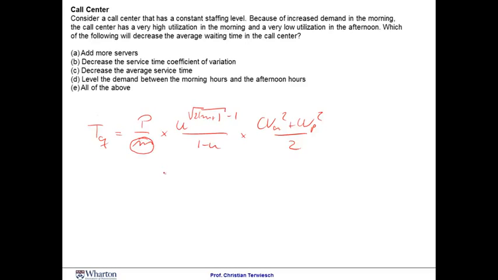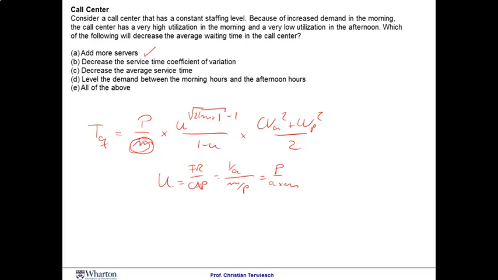Now, I want to be careful here in reminding you that the utilization, which we defined as flow rate divided by capacity, and thus 1 over the inter-arrival time times P divided by M, is also a function of M. So if you're taking the derivative of TQ with respect to M, you cannot just look at this term. Also, U is changing as you're adding servers, but either way, adding servers is a good thing. It will shorten the waiting time.